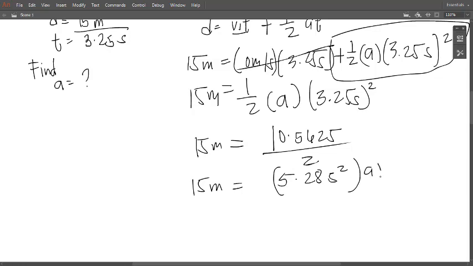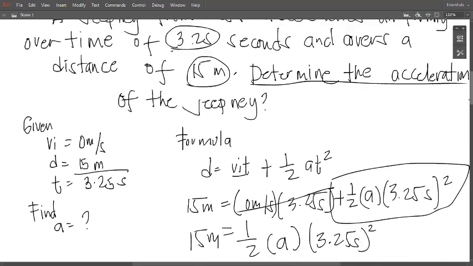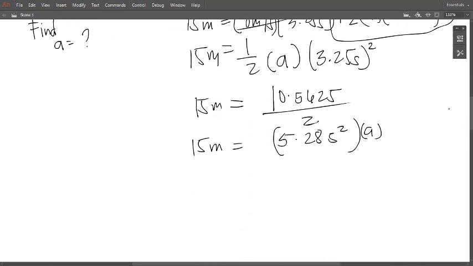We'll be having a here. And rearranging the formula, since we're determining acceleration, we'll place a in front at first.